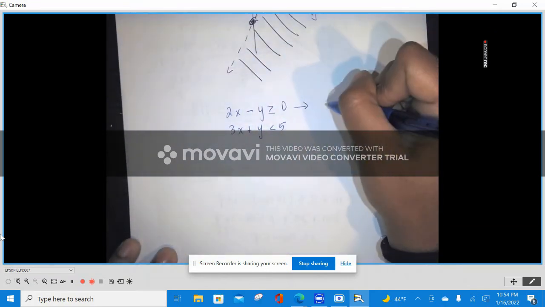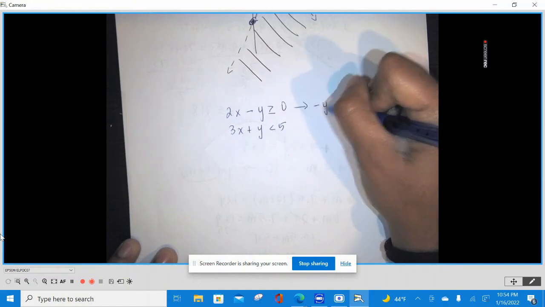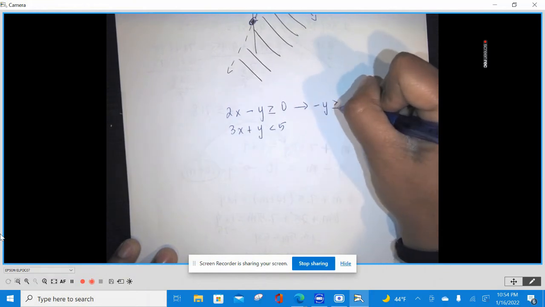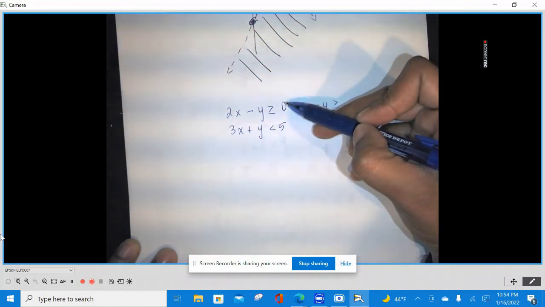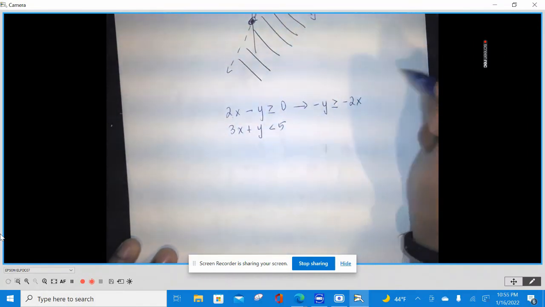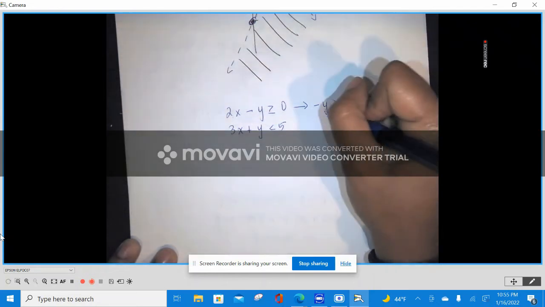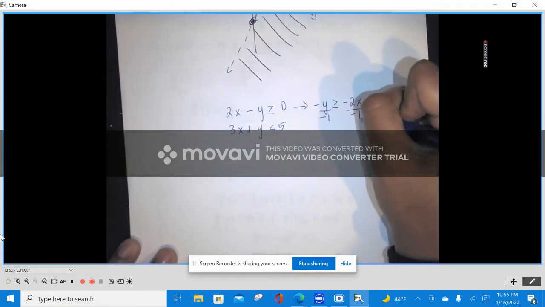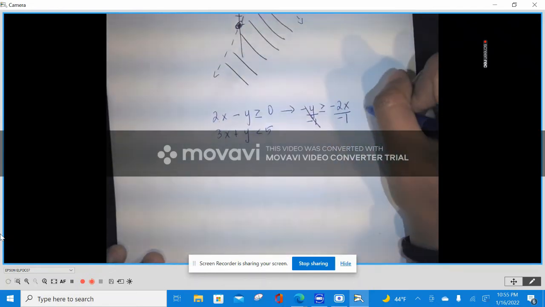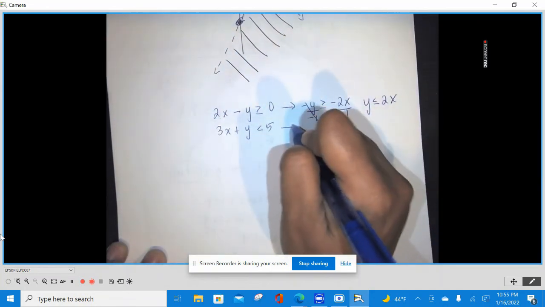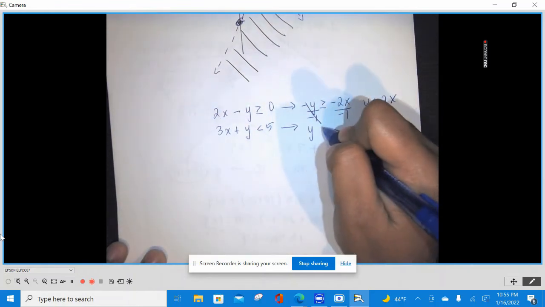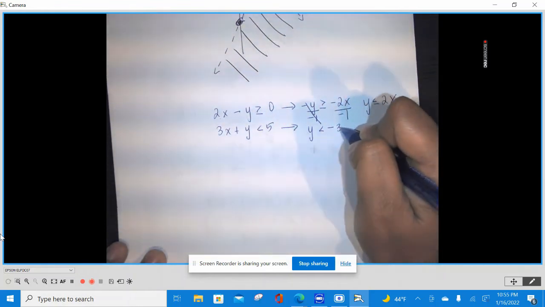So for this one, I'm going to do negative y greater than or equal to, and again, I'm subtracting 2x over here, and then this is just a 0. I don't have to put the 0. But when I divide by negative 1 to both sides, it's going to flip. Y is not going to be greater but less than or equal to positive 2x. That's the top one. The bottom one is going to be y less than negative 3x plus 5.